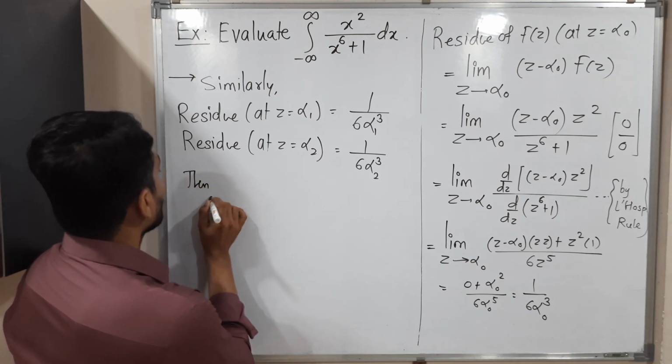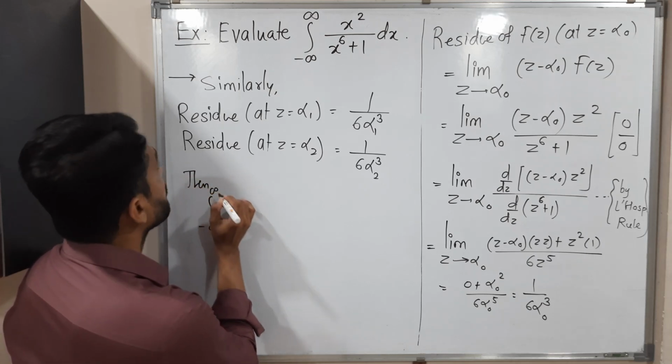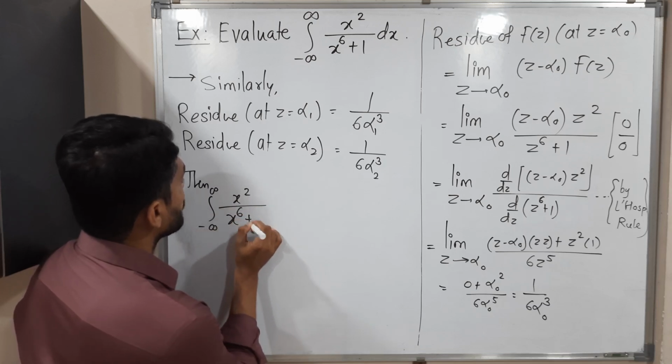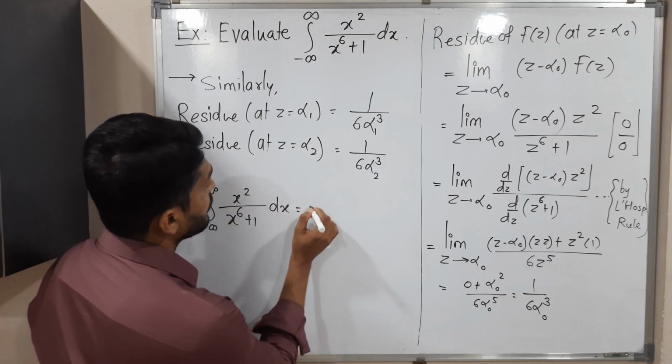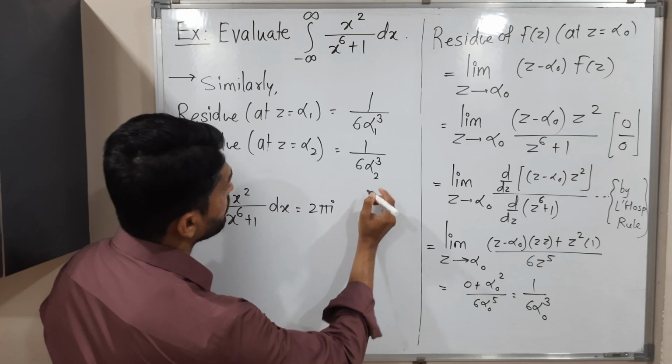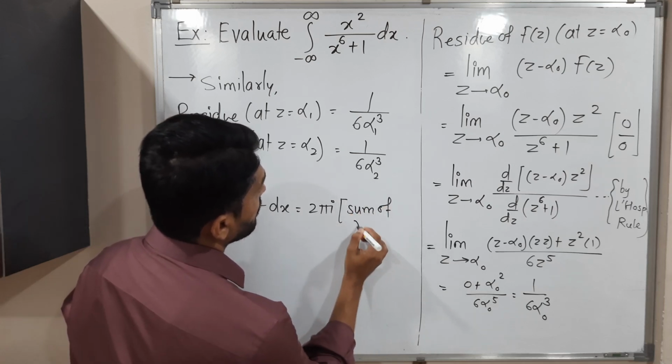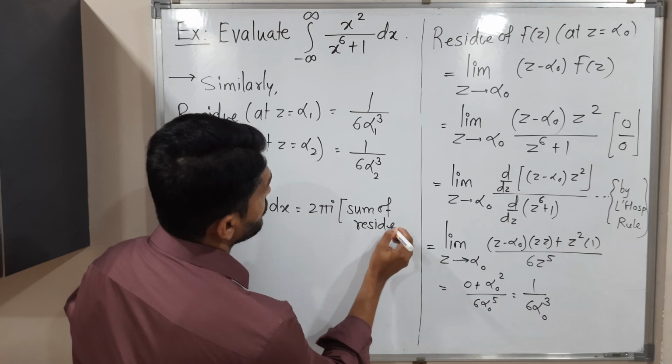Then the integration from minus infinity to infinity of x square upon x raised to 6 plus 1 dx is equal to 2 pi i times the sum of residues, right?